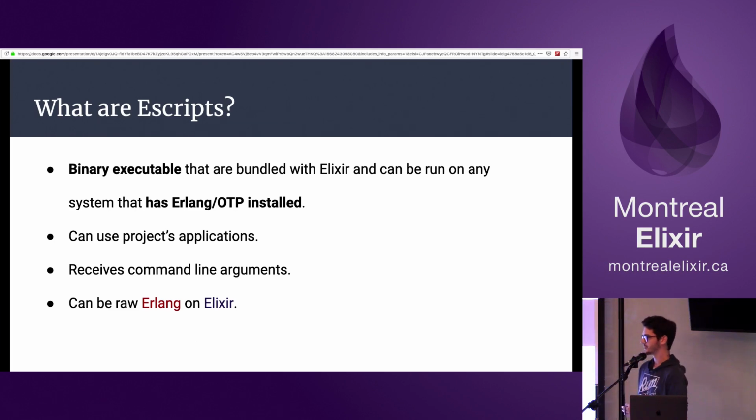They also receive command line arguments, so they can be great tools for CLIs, and can be either Erlang or Elixir. What I said in the first point is that you can bundle Elixir, but you're not forced to. You can be writing a whole Erlang application, which would reduce the size of the binary.